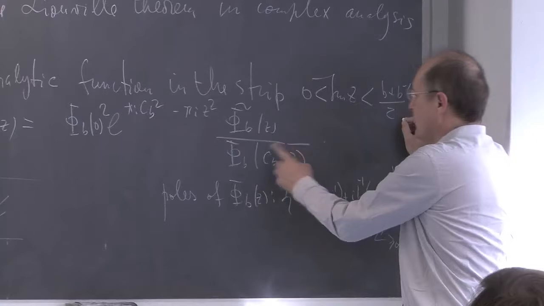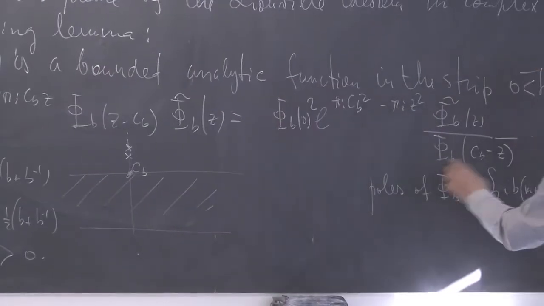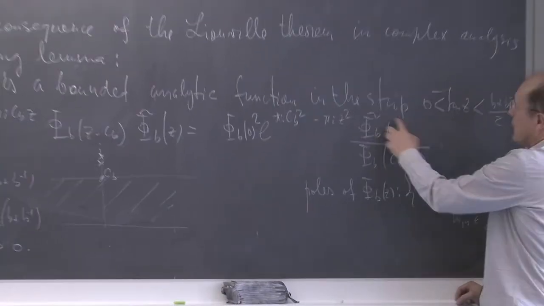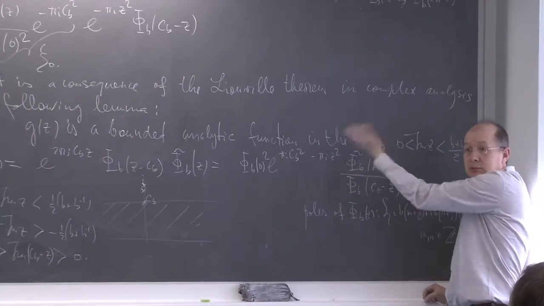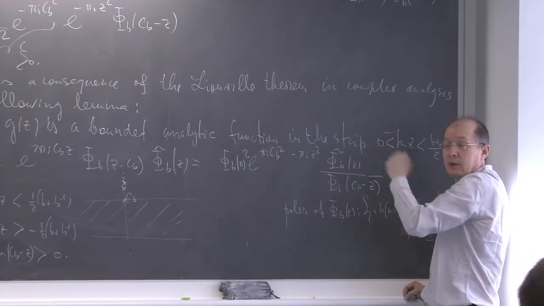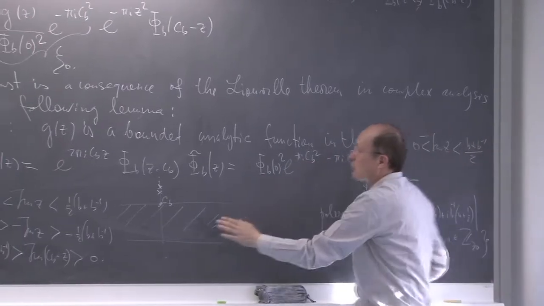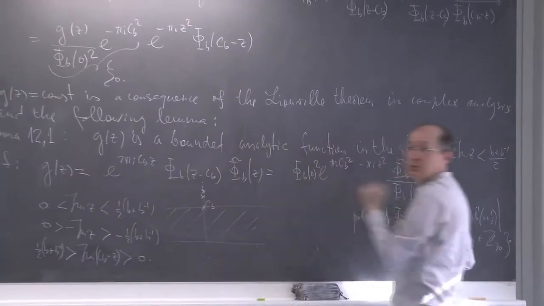So you see that this argument still finds itself in the strip where the phi b function is analytic. So this is analytic by construction, right? We learned it from the Fourier integral, its convergence properties. This is analytic, so g of z is analytic in this strip.